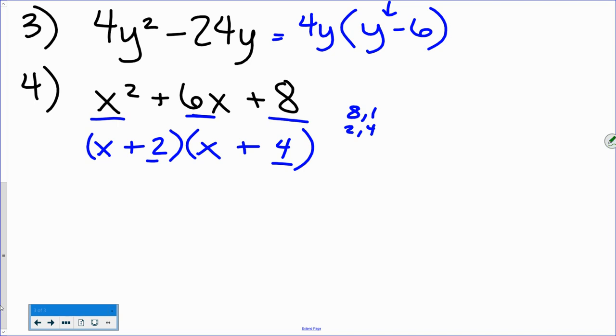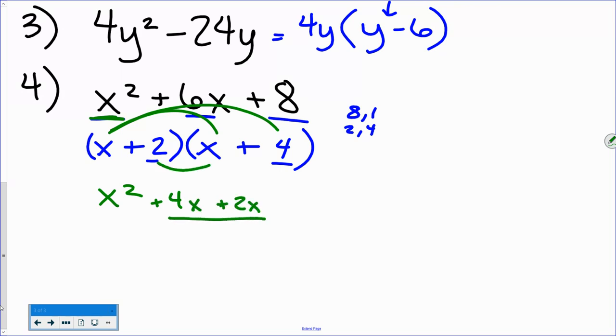If you're not sure quite how I came up with that, you can go ahead and distribute it. X times x gives me my x squared, takes care of that part. X times 4 would give me my 4x, then my 2x. Those together combine to get that 6x. That's why they must add together. And then the 2 and the 4 would multiply to 8.